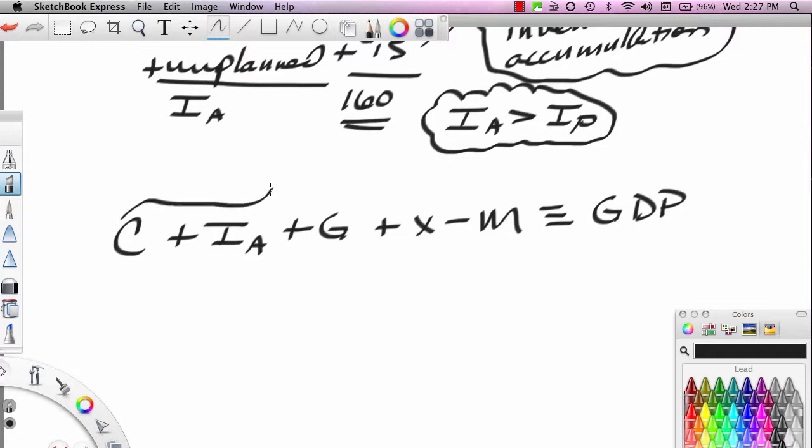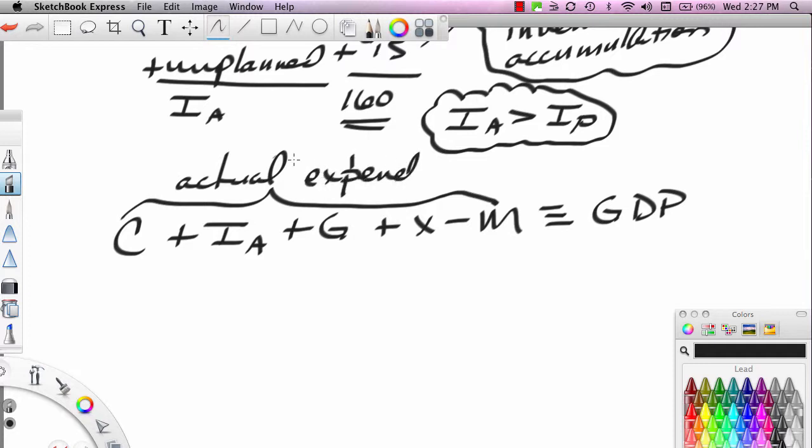So actual expenditures must equal GDP. That's called the expenditure approach. Total planned expenditures do not necessarily equal GDP, but actual expenditures must equal GDP.